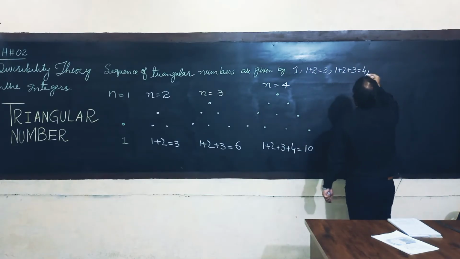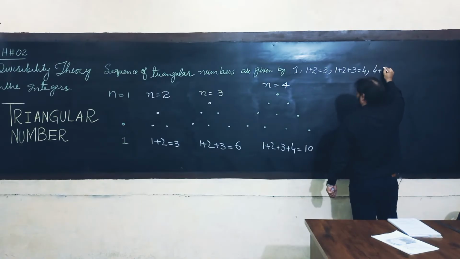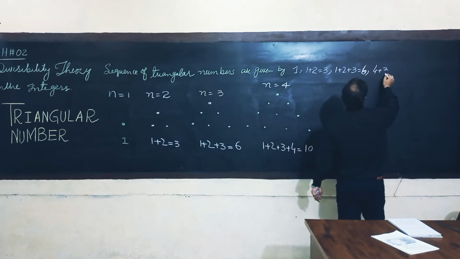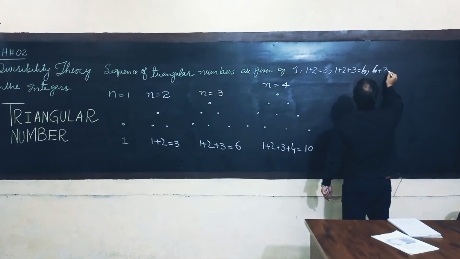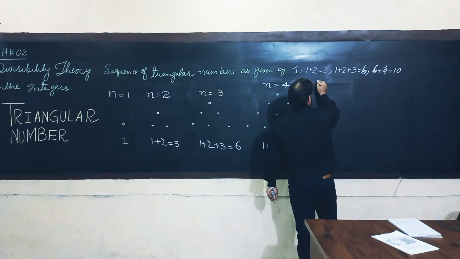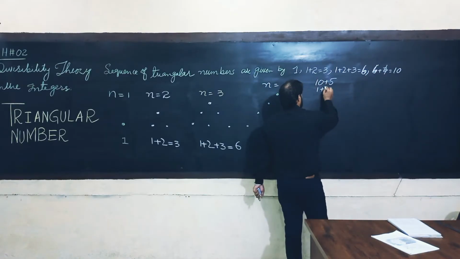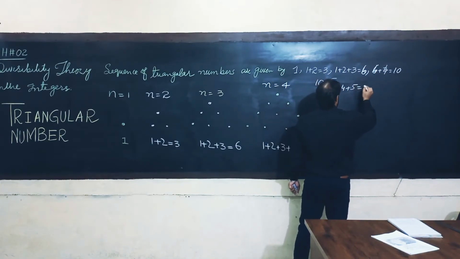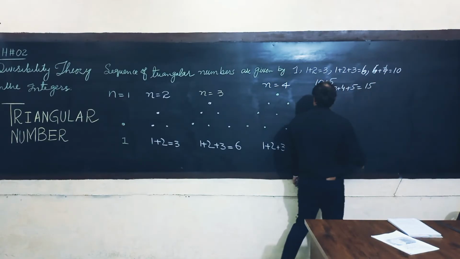Next one is 6 plus 4, that is equal to 10. The next one is 10 plus 5. In other words, this is the sum of the first 5 natural numbers, 1 plus 2 plus 3 plus 4 plus 5, which is 15.